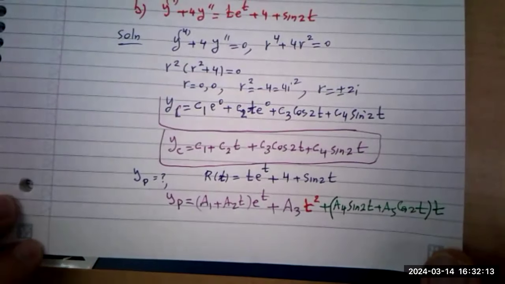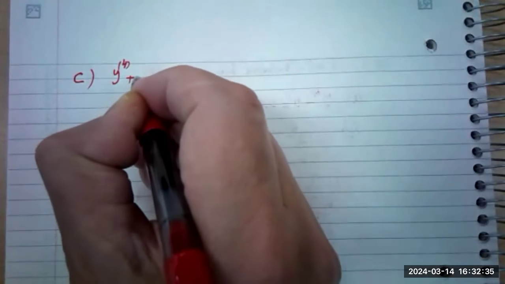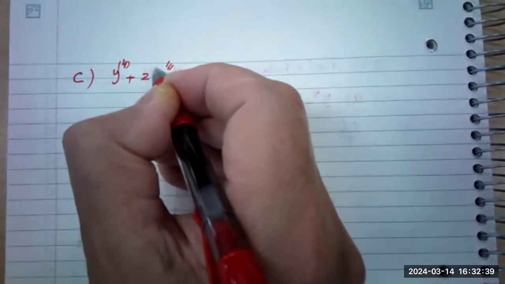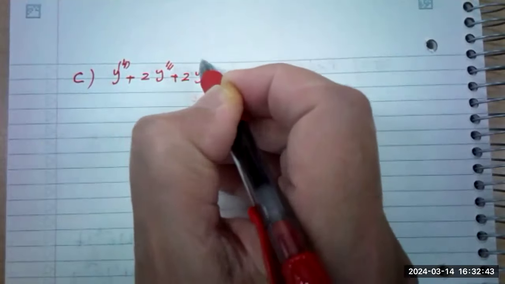So we check part C, and that's a fourth order derivative. In part C, this is the equation: y fourth order derivative, then you have the third order, 2y triple prime, if you like, and the second, 2y double prime.